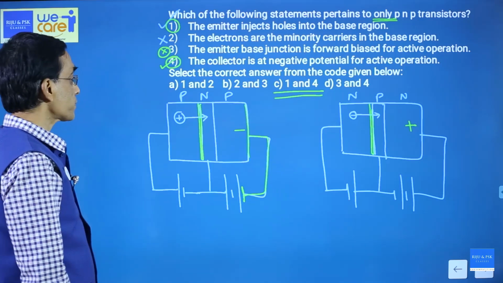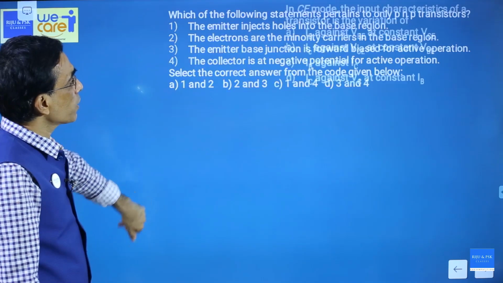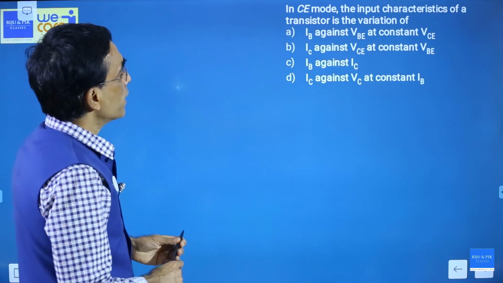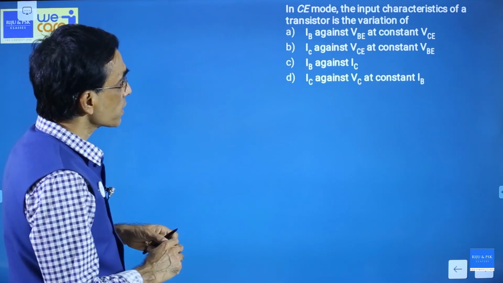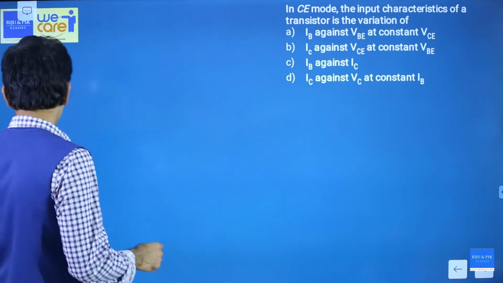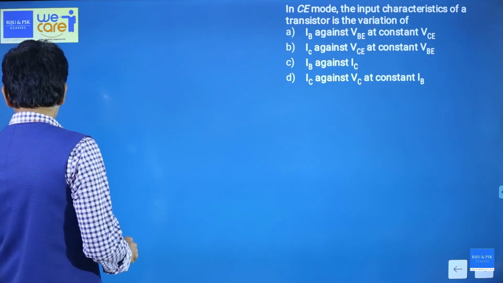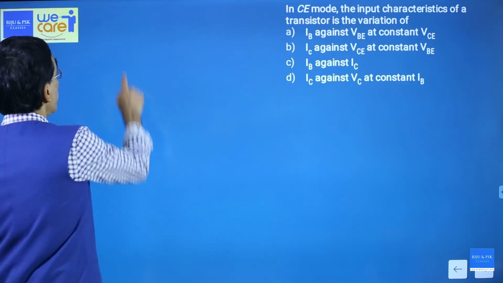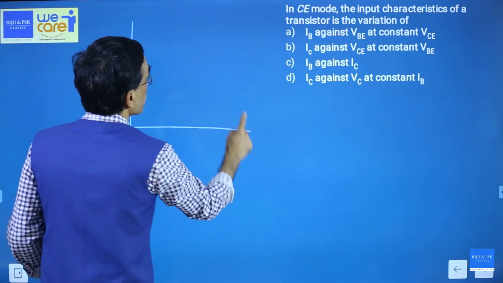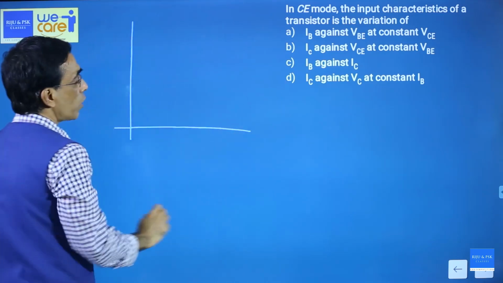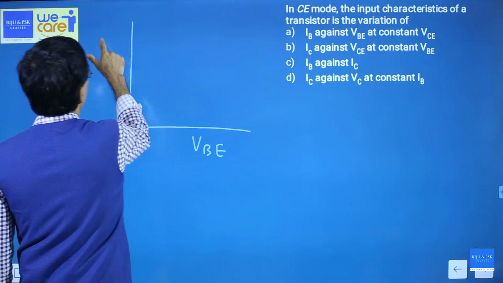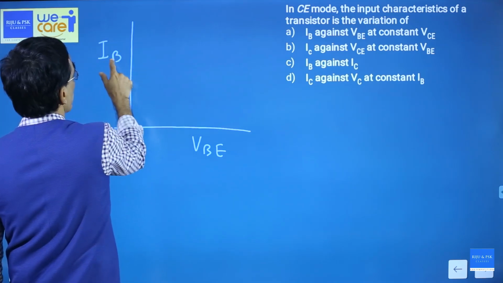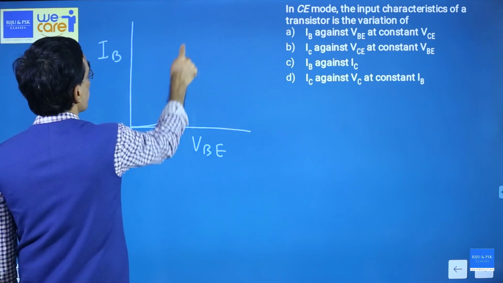That's it. Now, in common emitter mode, the input characteristics of a transistor is a variation of, you studied that one, input characteristics. That is a graph. It's common emitter. In common emitter, VBE is the input voltage and IB is the input current, and you saw the graph was like this.